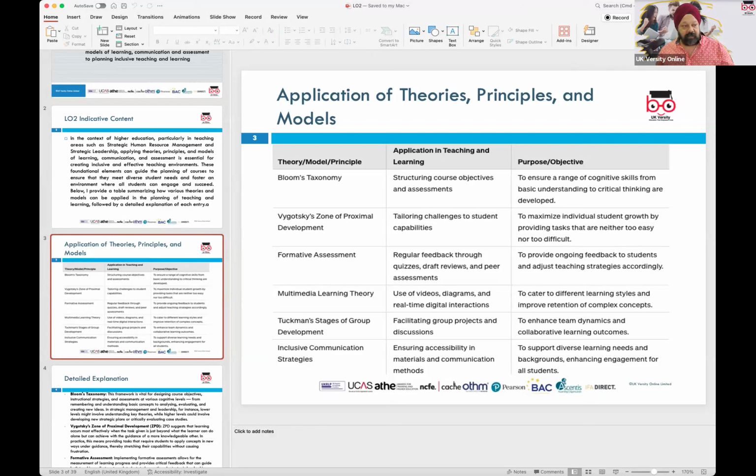Similarly, if we go into scheme of work and designing the scheme of work, collecting and collating resources, developing different activities that are going to be carried out when you deliver those sessions or lessons for a particular unit or subject area, then in those cases you're looking at Vygotsky's and Piaget's zone of proximal development theory, because here you're tailoring your activities to enable learners to learn, and you're also pushing them in terms of their cognitive abilities to be able to learn and progress in the class.